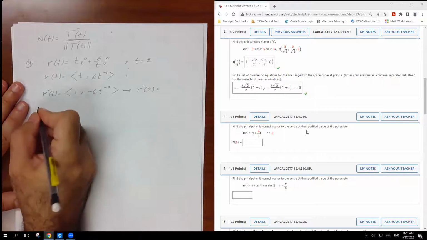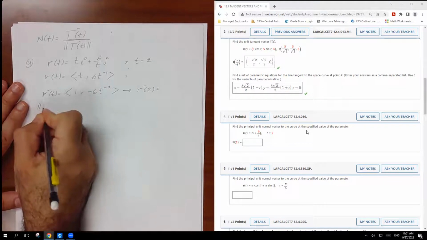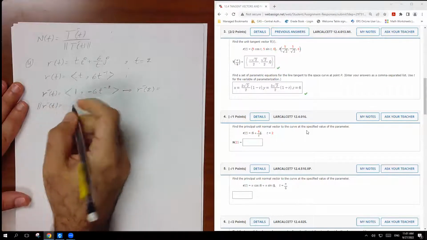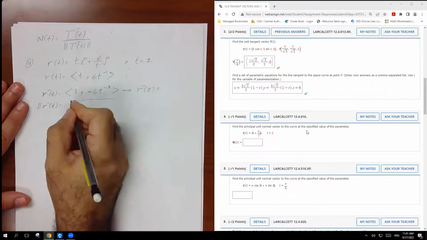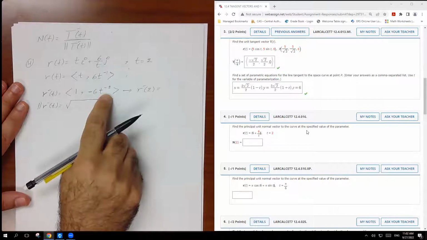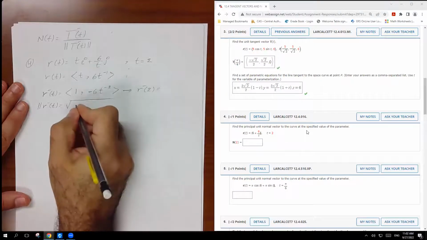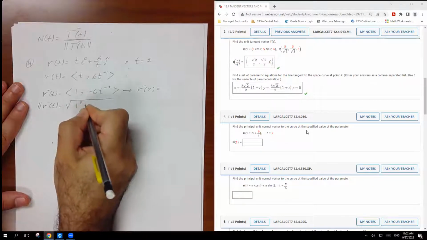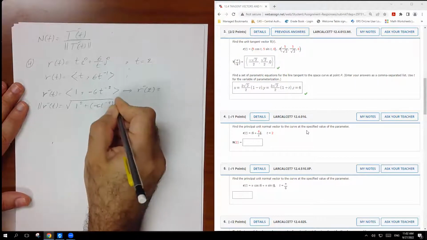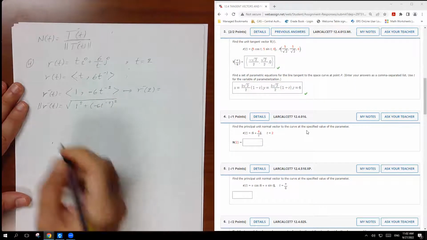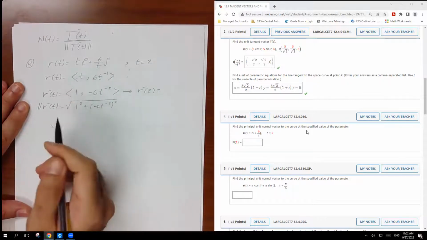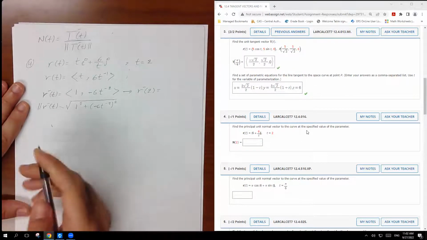Next, the length of r prime of t in general is the square root of this one squared plus this one squared. So it's 1 squared plus negative 6 t to the negative 2 squared.